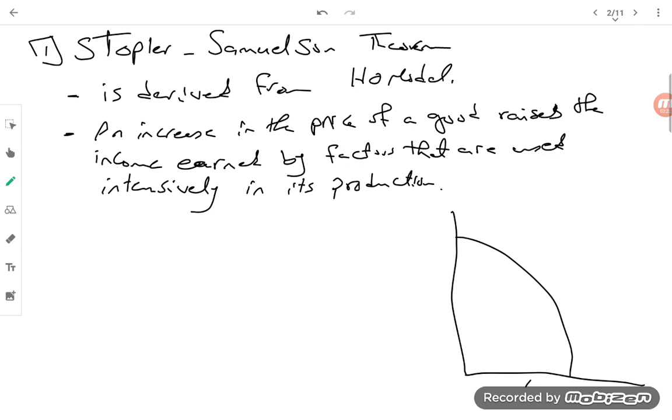This is the PPF. We are going to use PPF to distribute resources between two different commodities, say for example steel and bread, where steel is capital intensive industry and bread is labor intensive industry.